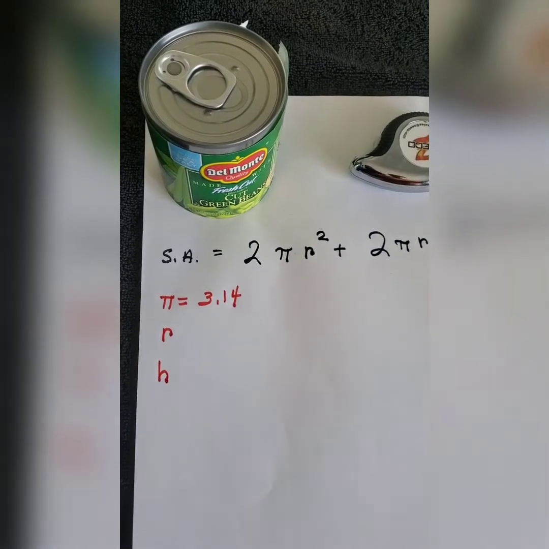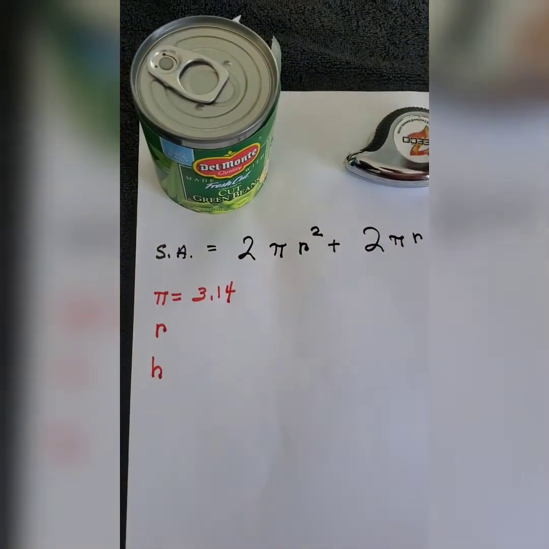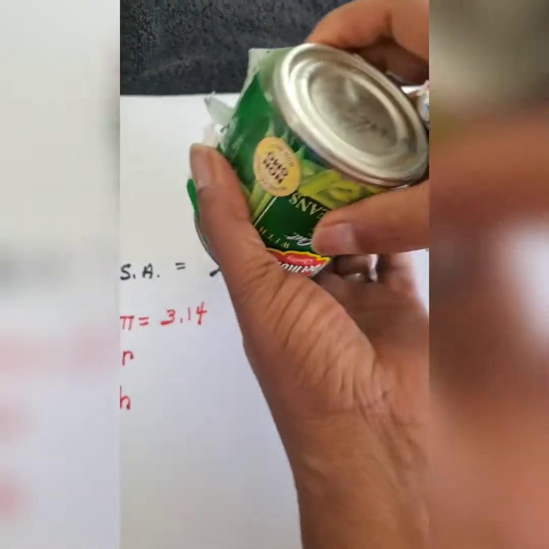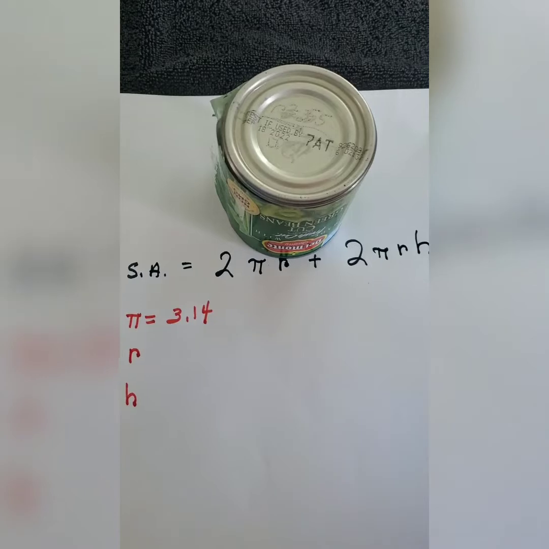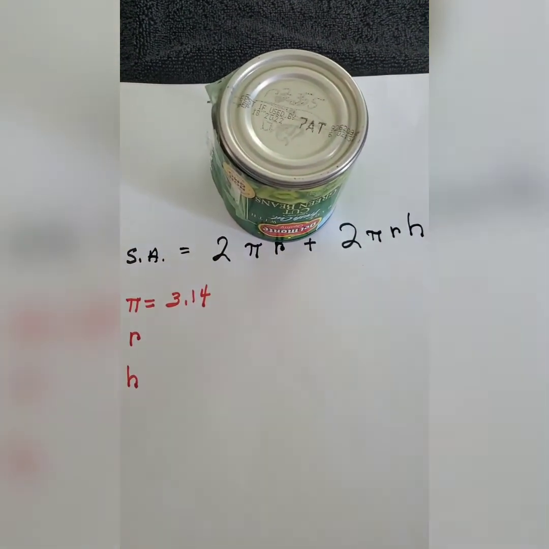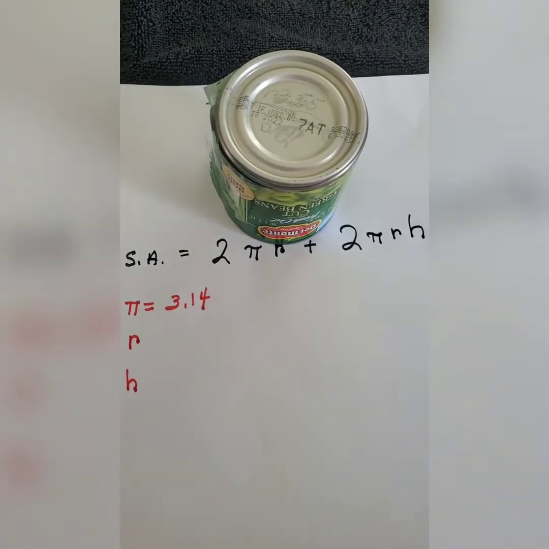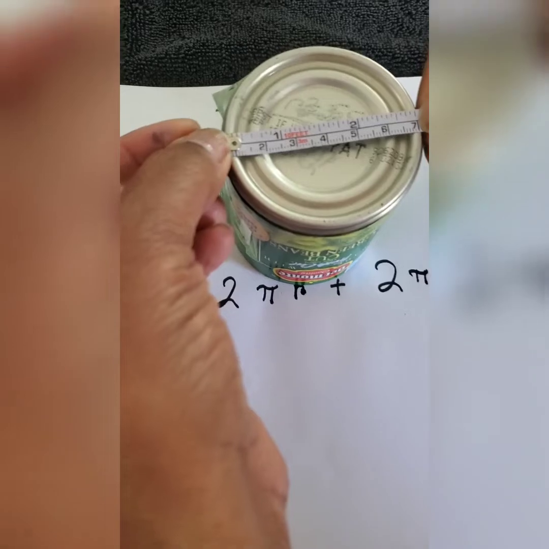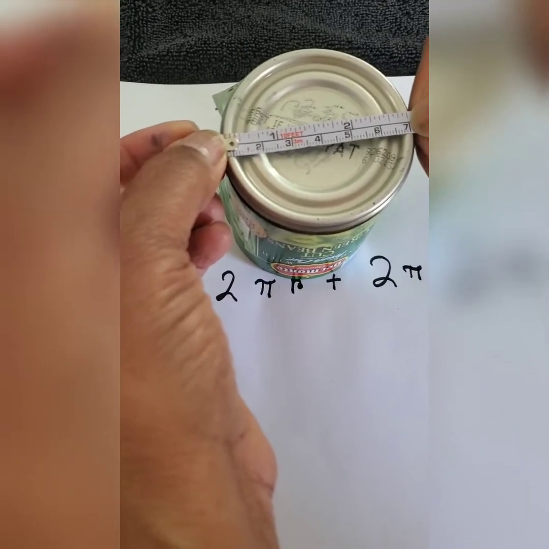Okay? R is the radius. Now, this can, I'm going to flip it over upside down, and the radius is half of the diameter. The diameter for this can is 7. This is your diameter. Okay?